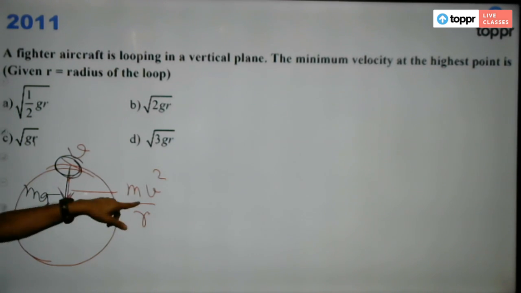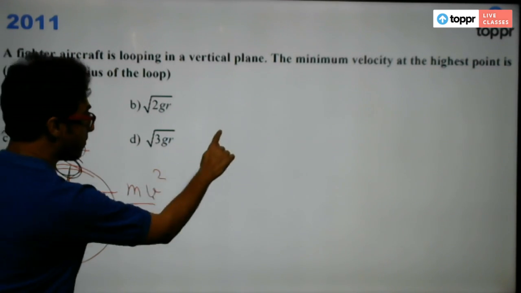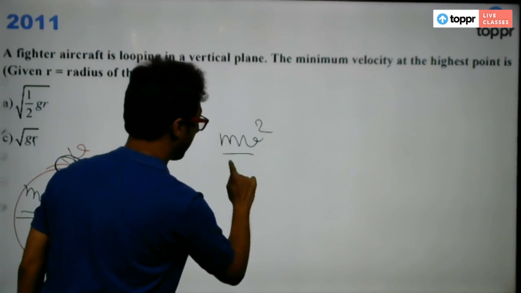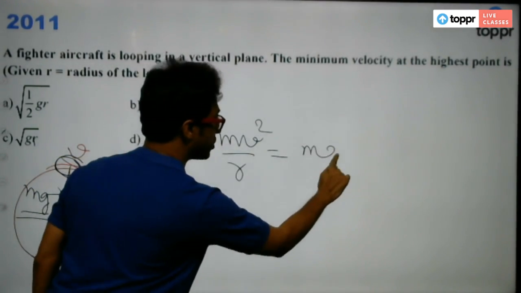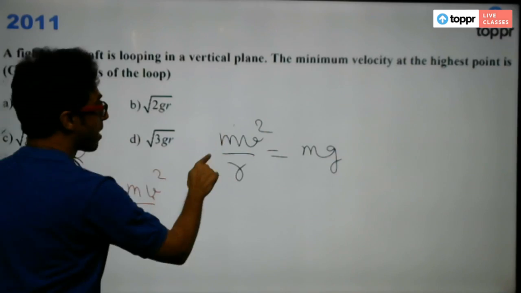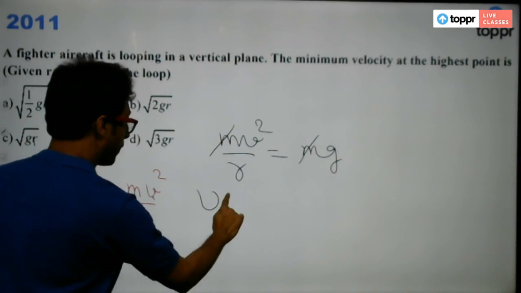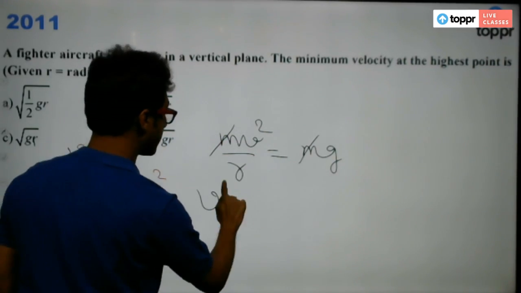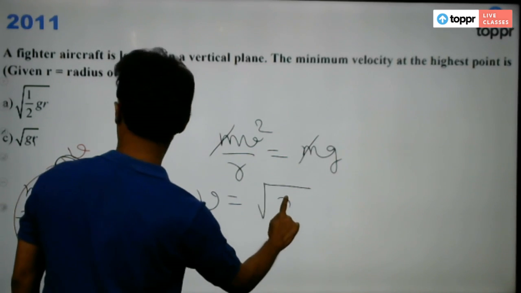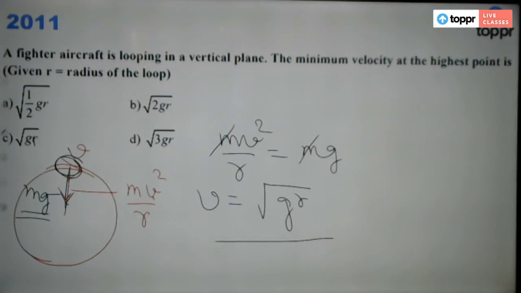So mv squared by r, if we equate with mg, the mass cancels out, v squared becomes gr, so v is root over gr. So this is our correct answer. A fighter airplane, yes, root gr.